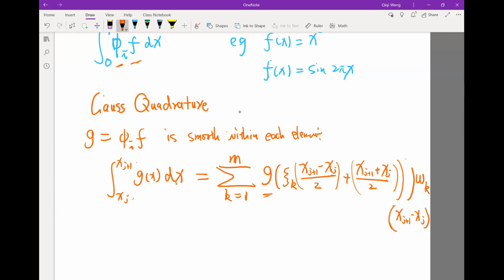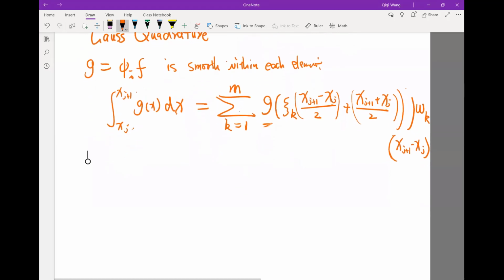This looks complicated, but it's actually pretty simple. Let's say this is my function g.